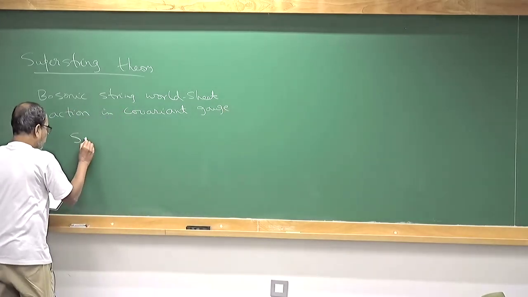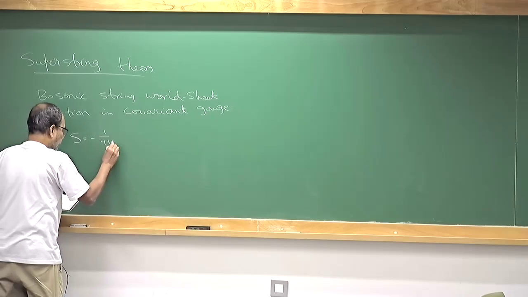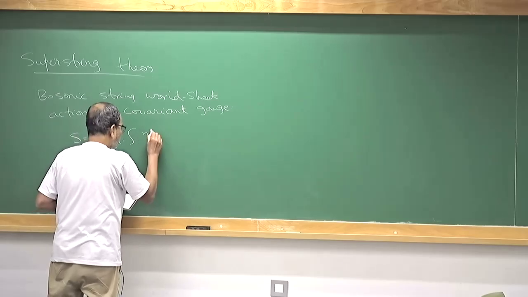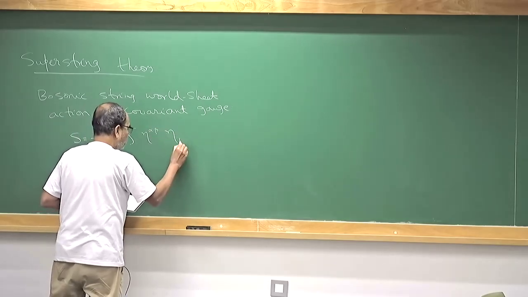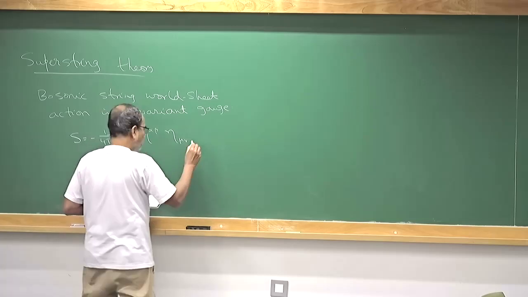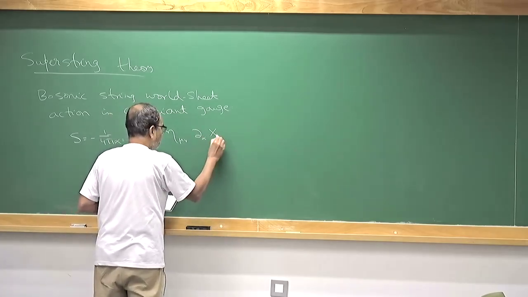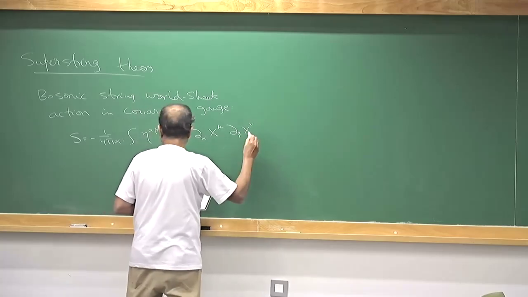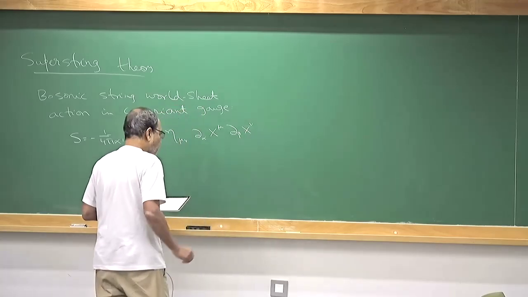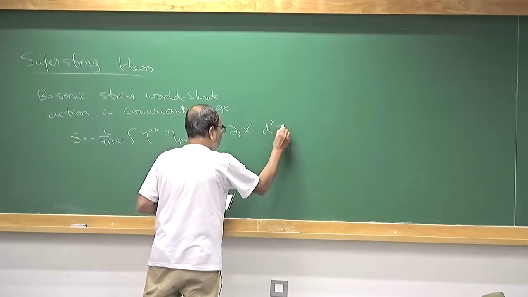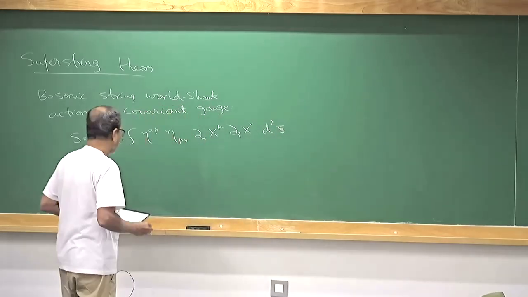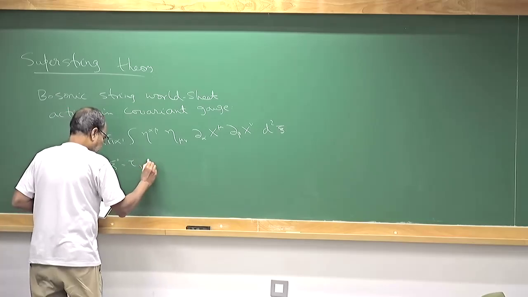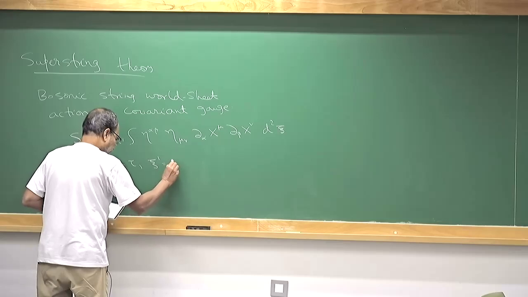So this was given by minus 1 over 4 pi alpha prime, where xi was the coordinates tau and sigma.